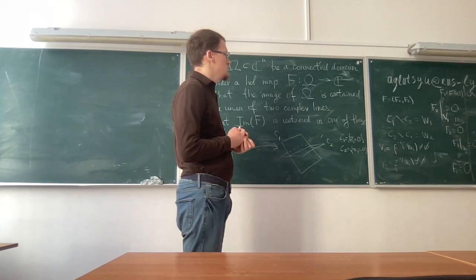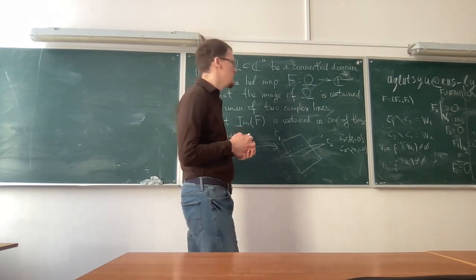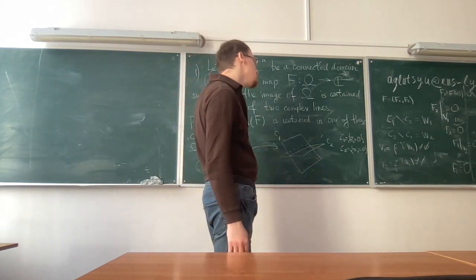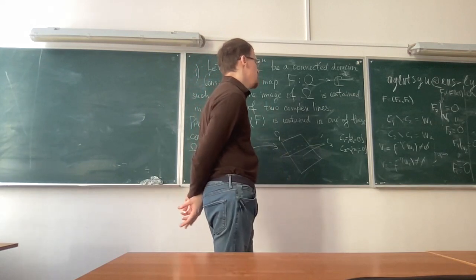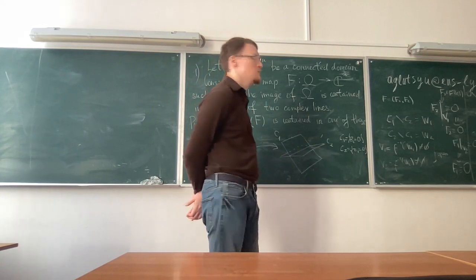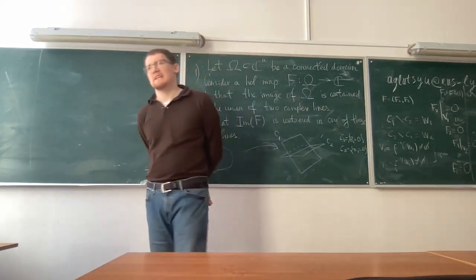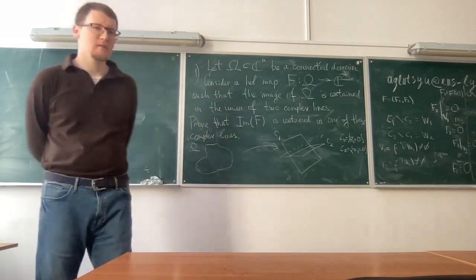Then both preimages, V1 and V2, are non-empty. They are open, and suppose that these lines are coordinate lines, Z1 equals 0 and Z2 equals 0. This doesn't cover the case of parallel lines, but for parallel lines it's just impossible by connectivity.